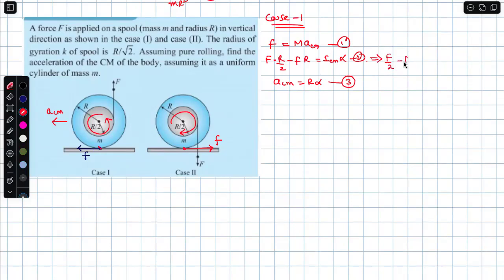F by 2 minus small f is I_CM by R square A_CM. You said radius of gyration K square by R square is half. So this you can write as M A_CM by 2.